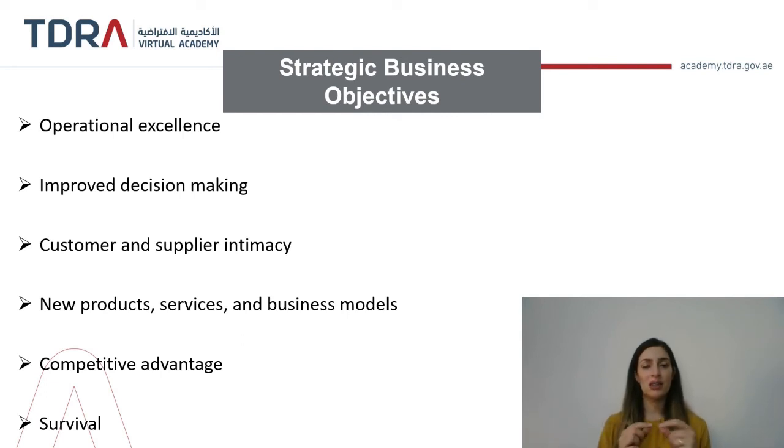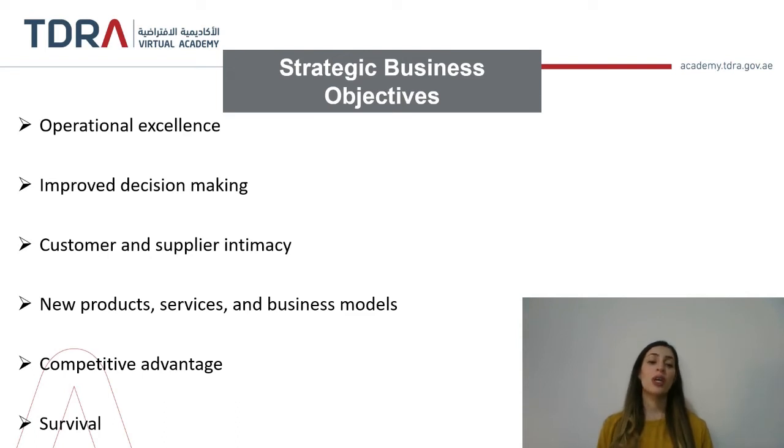So any added value that you have over your competitors. And mentioning all of these strategic objectives, if we count the four that are before competitive advantage, if you have them or you have one of them, this is a competitive advantage. This can also be considered a competitive advantage.